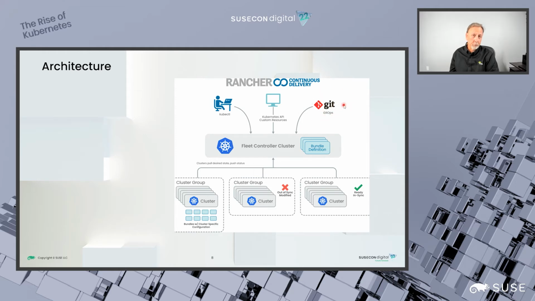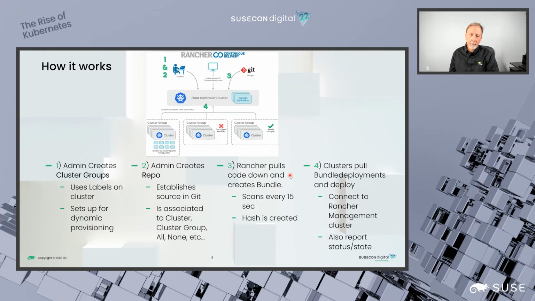Remember, our source of truth, our applications, our infrastructure as code, all of that is stored here. Rancher's continuous delivery component, the controller cluster, sits here in the middle, communicates with both of these, and manages the deployment to the downstream clusters.